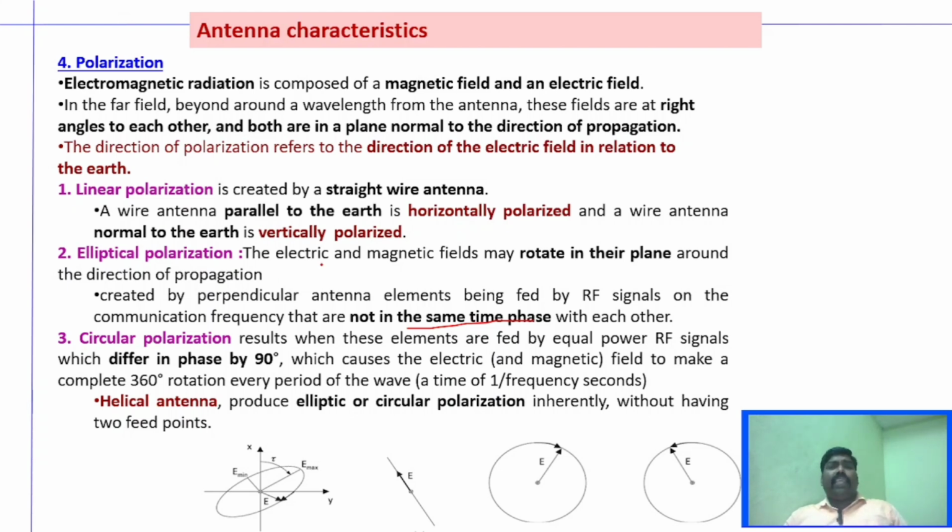When it comes to polarization, you understand that horizontally polarized and vertically polarized antennas do not match. If you want better results, a horizontally polarized antenna has to receive a horizontally polarized wave. It cannot receive a vertically polarized wave, then the result will be very poor. A horizontal dipole can generate a horizontally polarized wave.